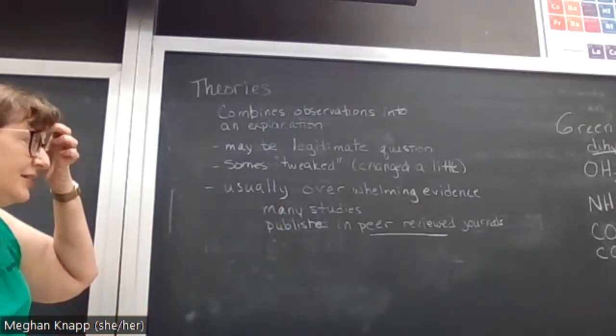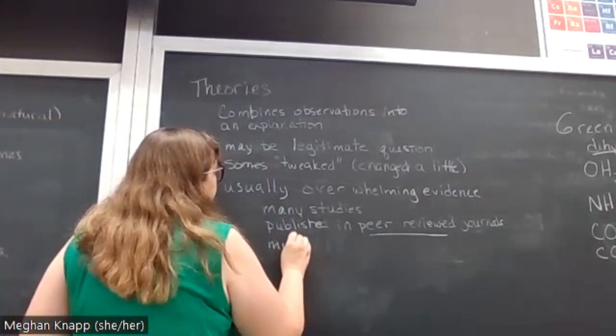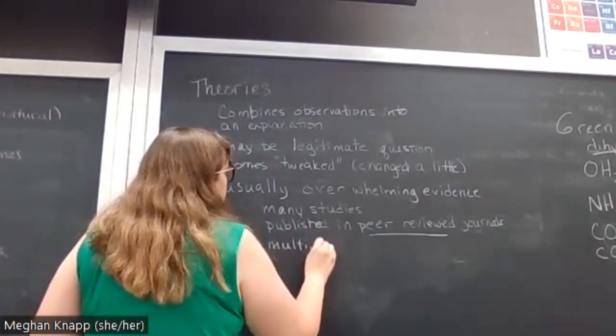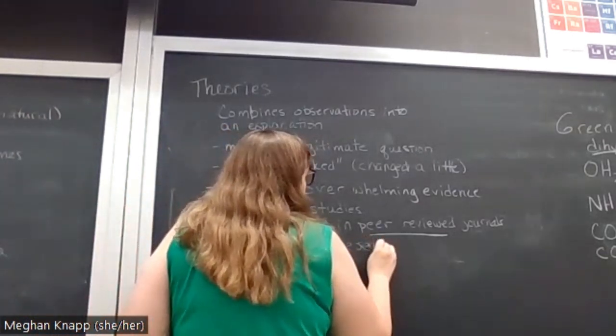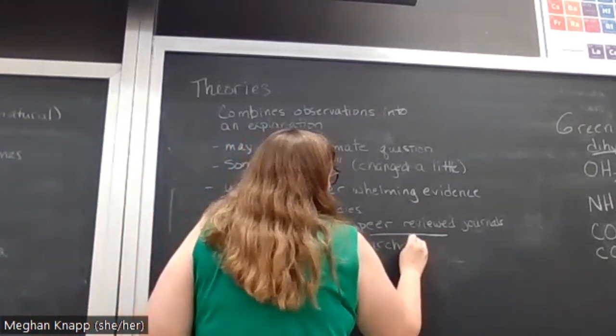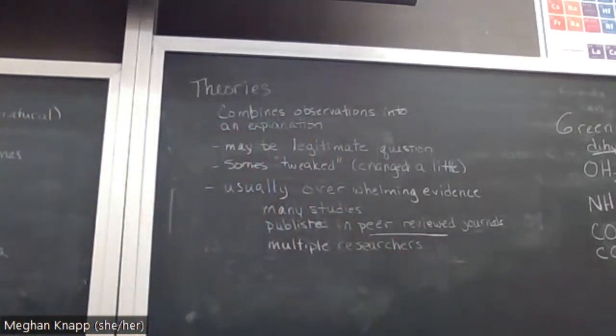So there's usually a lot of evidence, lots of studies, and usually it's based on multiple researchers. So Dalton used one of the laws that he came up with, but he was also basing his work on a law that a scientist named Lavoisier came up with.